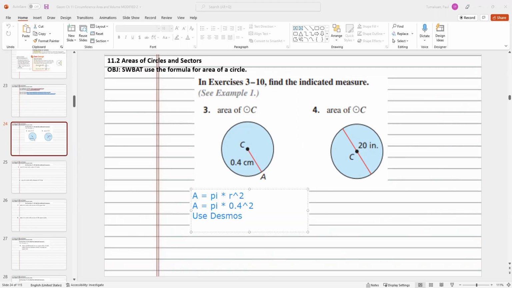Pi times 0.4 squared. And you should get area equals 0.5 centimeters squared. Yeah, it's really small because that radius is so small.